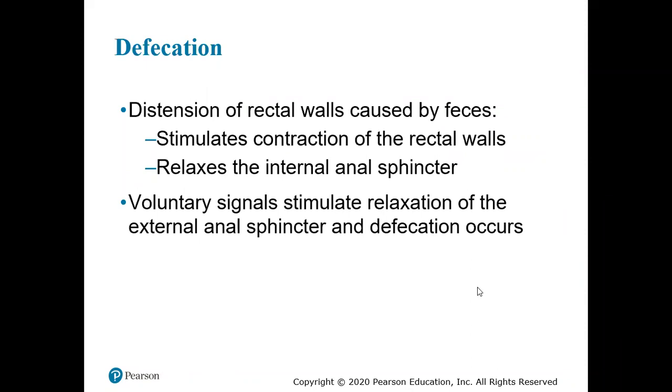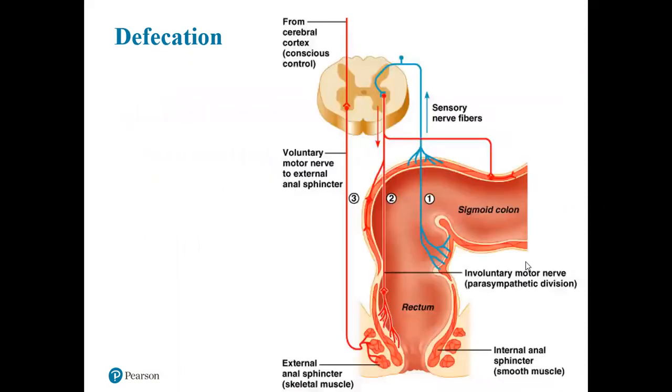Defecation: the initial stimulus is distension of rectal walls by feces. And then this is going to create a reflex pathway. So the first event is that, so we had our ascending colon, our transverse, our descending to our sigmoid. And then now there are actually 3 sections to the rectum.